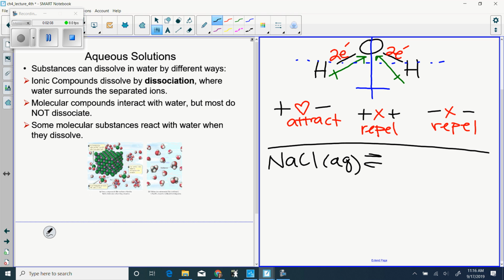Last time we learned that when we have the phase aqueous, that means it has been dissolved in water. Okay? So if we had some salts, table salt is sodium chloride, but any ionic compound is called salt. If we have some sodium chloride, it dissolves in water. What's going to happen is its ions are going to separate. An ion is something with a charge. An atom is not an ion.